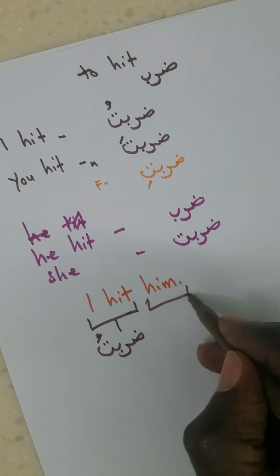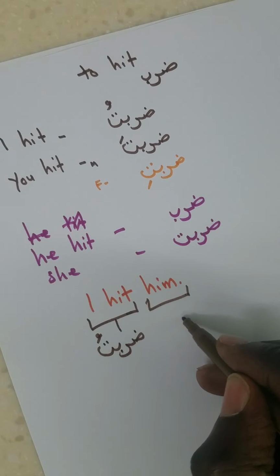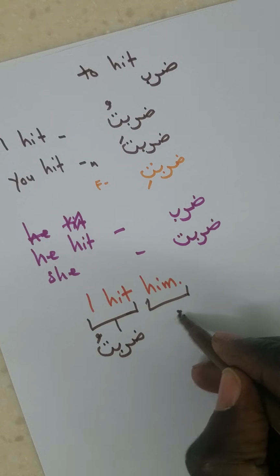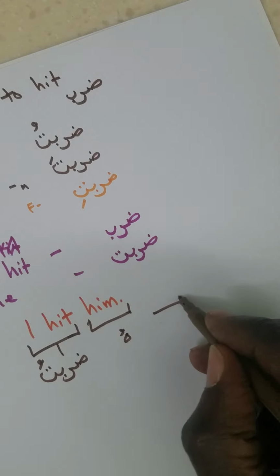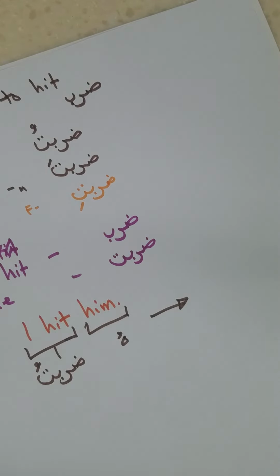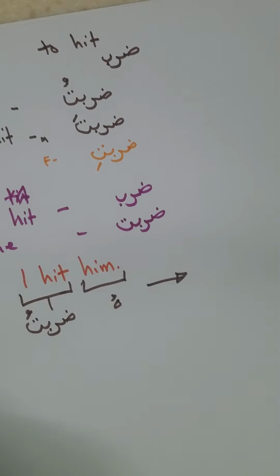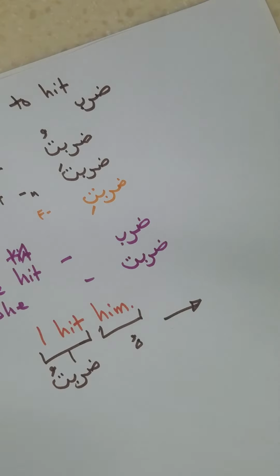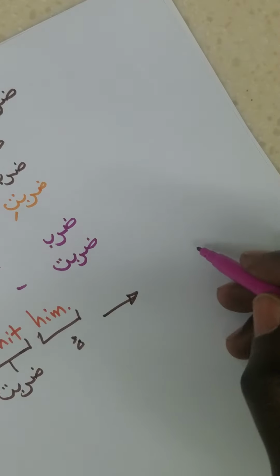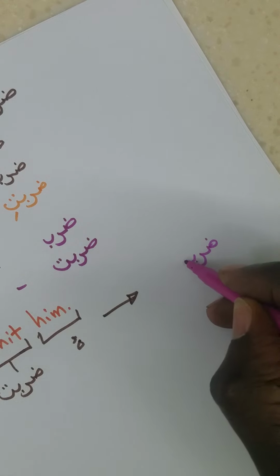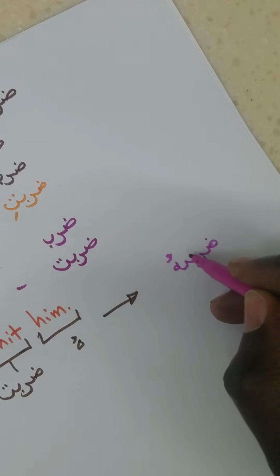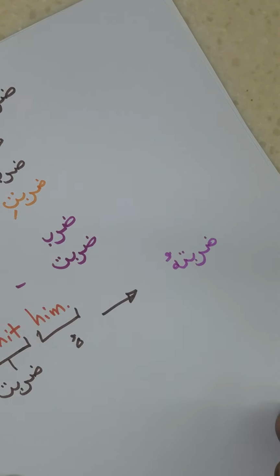Then remember that for him, we added hu. Therefore, this will be darabtuhu. So we'll be adding tuhu, which will look like this: I hit him.